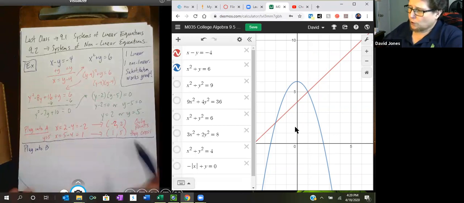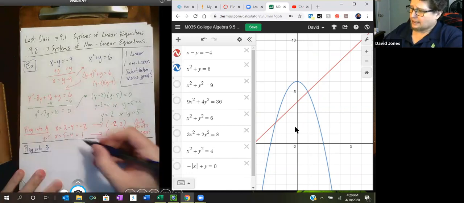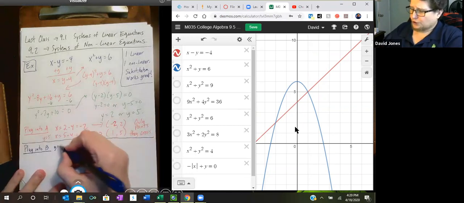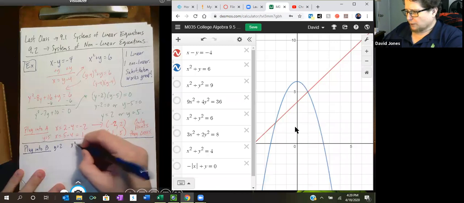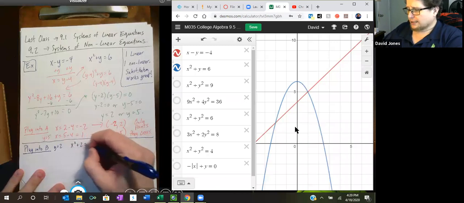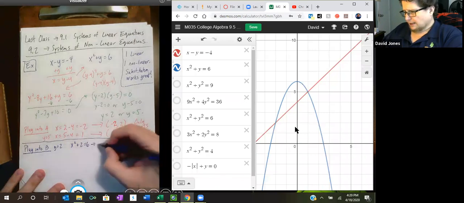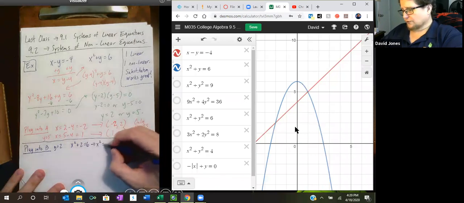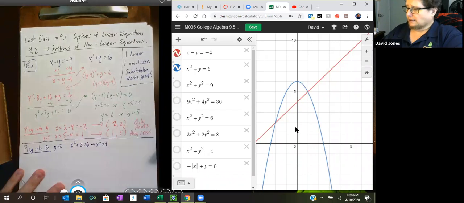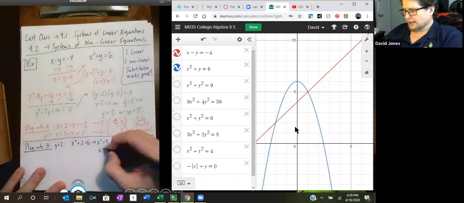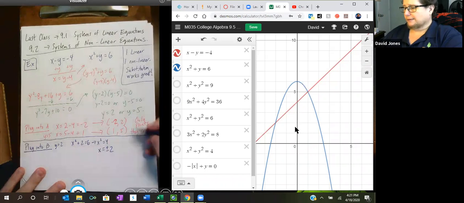If we plug into equation B, well, I plug in y equals 2. I get x squared plus 2 equals 6. x squared equals 4. And we take the square root of both sides, I get x equals plus or minus 2.